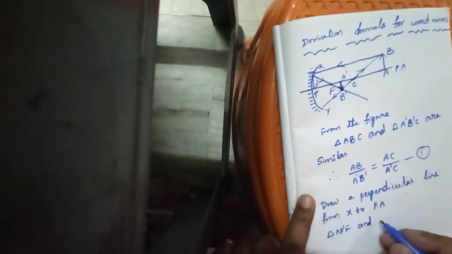A perpendicular line here means this is a right angle triangle, X P dash F, and triangle A dash B dash F, because this is the perpendicular drawn from B dash to the principal axis.